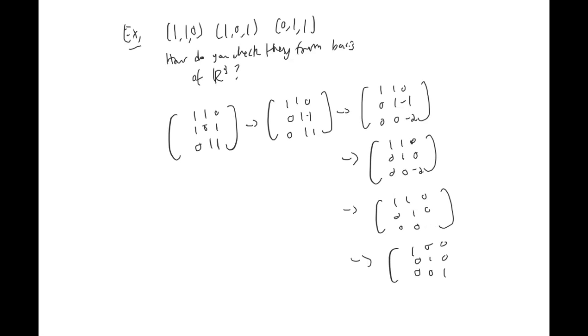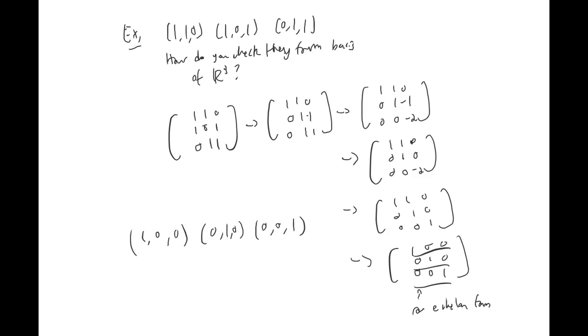What's the reason you want to row reduce to row echelon form? It's because you know these three elements span R3, right? That's easy. Does everyone agree?